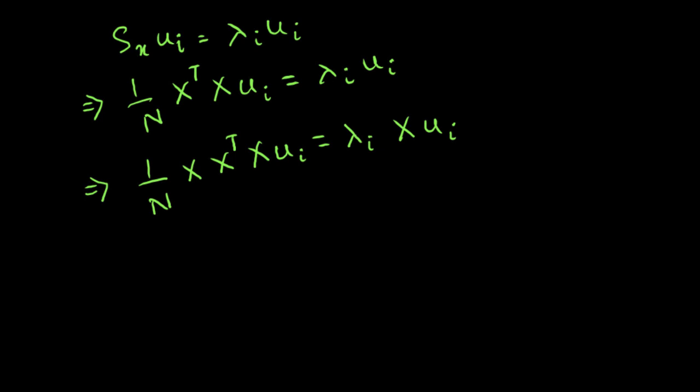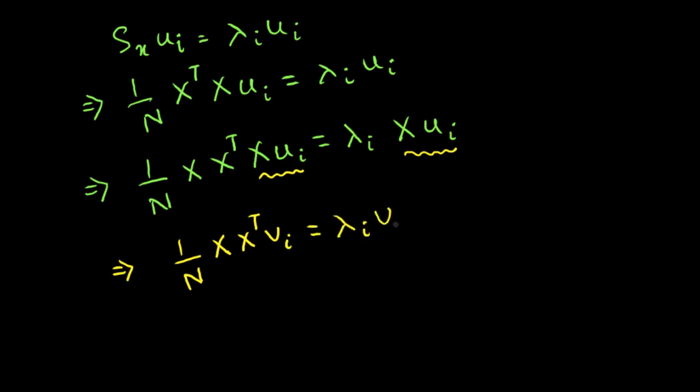So now we can write this as a new vector. Let's write that as vi. So what we will get is 1 by capital N, capital X transpose, vi is equal to lambda i times vi. Now notice that this matrix is an N cross N matrix, because your capital X is N cross D, capital X transpose would be D cross N, so D cross D cancels out, and what remains is an N cross N matrix.